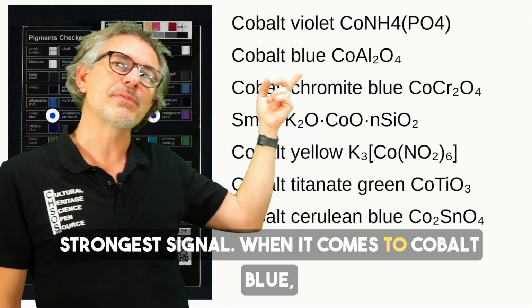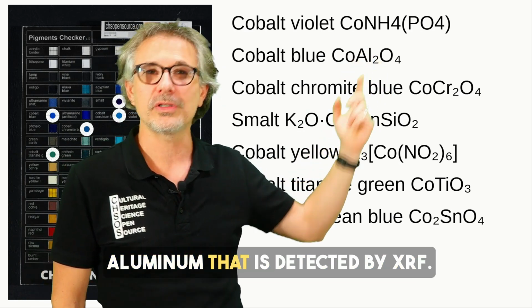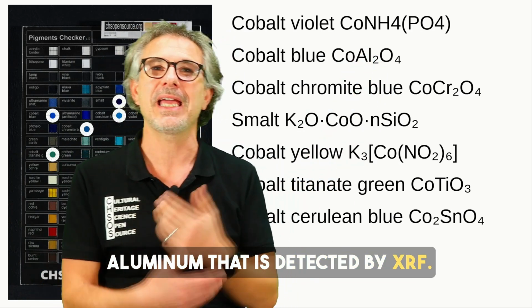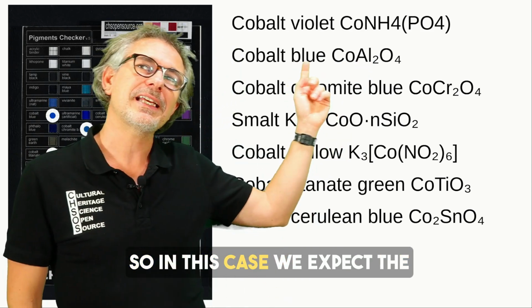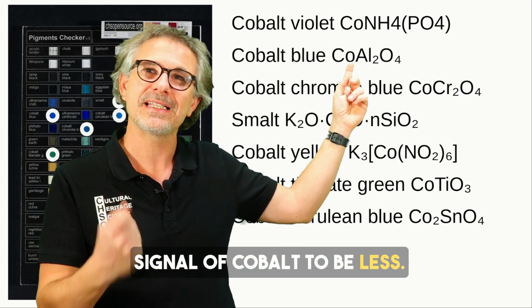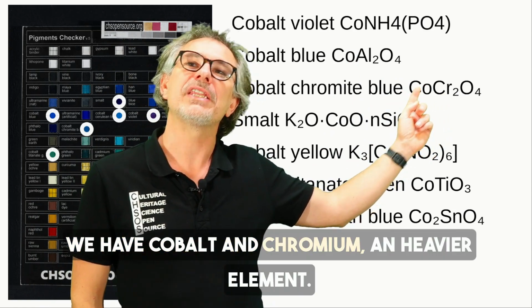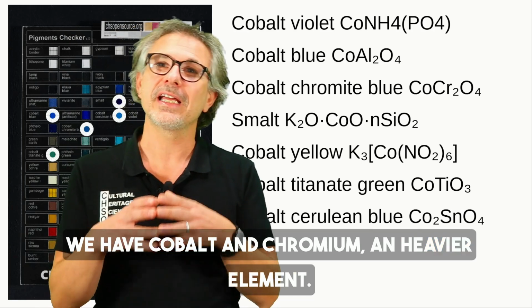When it comes to cobalt blue, you see cobalt blue also has aluminum that is detected by XRF. So in this case, we expect the signal of cobalt to be less. Then we move to cobalt chromite blue. We have cobalt and chromium, a heavier element.